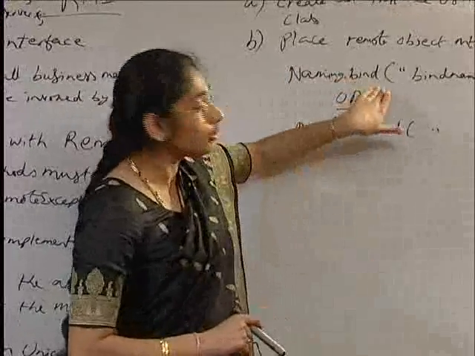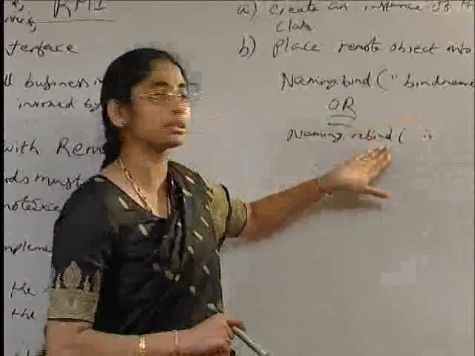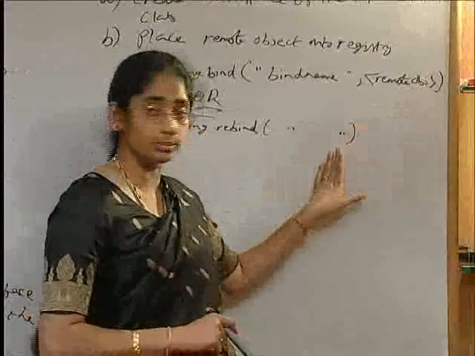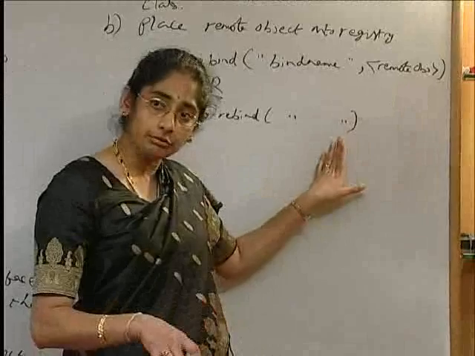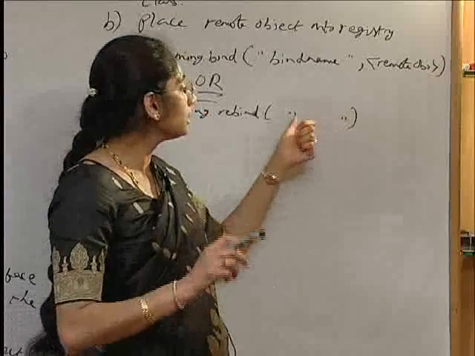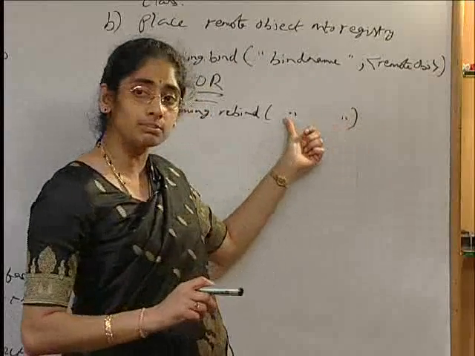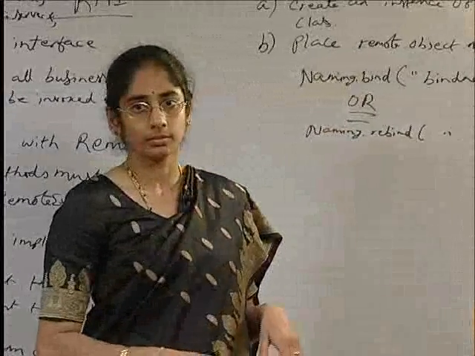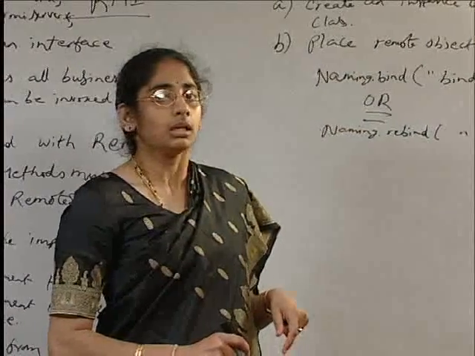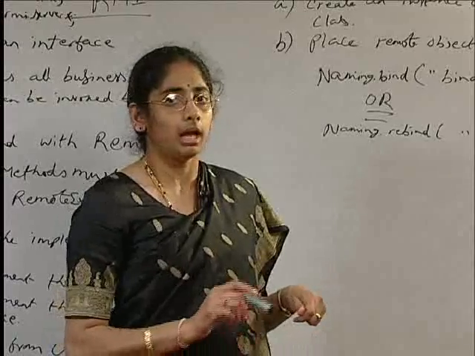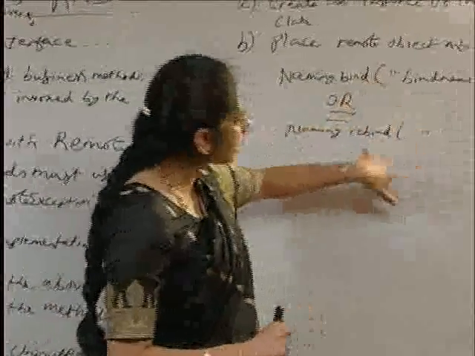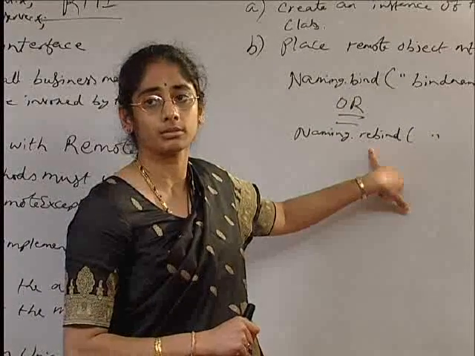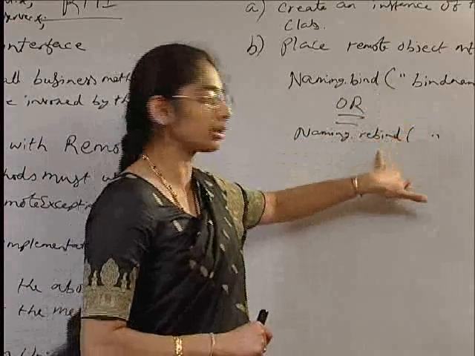But if instead of using bind, you were to use rebind, specifying the bind name and a remote object, later in time you can change the remote object specified for this bind name with another remote object. So it's a replacement. If you have a doubt, can I call bind and then call rebind on it later? No, you cannot. They are independent of each other. Either you call bind or you call rebind.